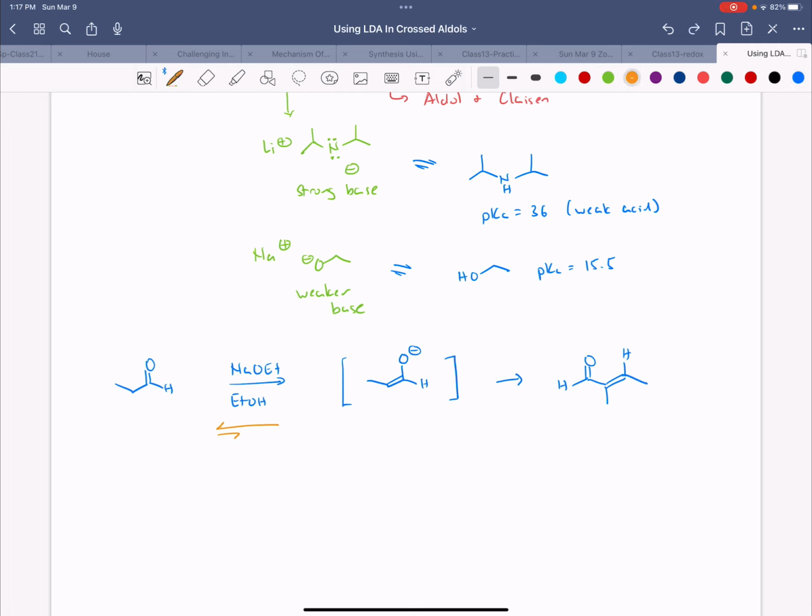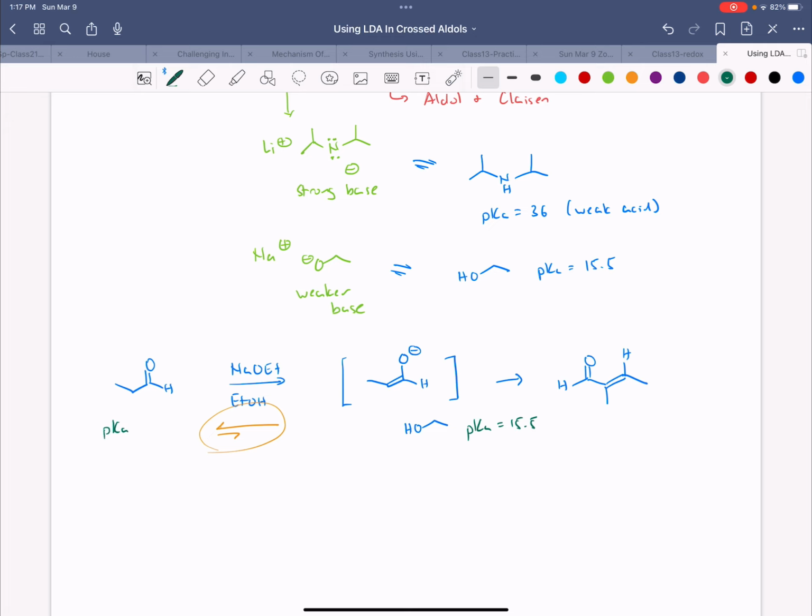Now, if you use LDA, by the way, do you know why that's the equilibrium? Because your OEt minus became this, and that's a pKa of, again, 15.5. The pKa of an aldehyde is around 17.